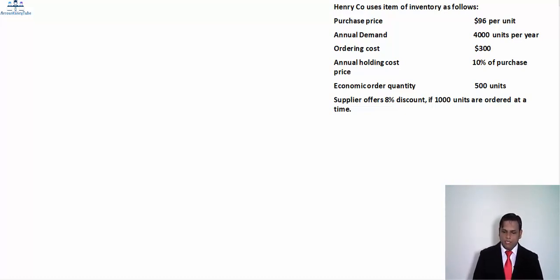We have been given some data: purchase price is $96 per unit, annual demand is 4,000 units per year, ordering cost is $300, annual holding cost is 10% of purchase price, and the economic order quantity is 500 units. Here we are being offered a discount by a supplier if we place an order of 1000 units instead of 500 units. So let's see what we have got.